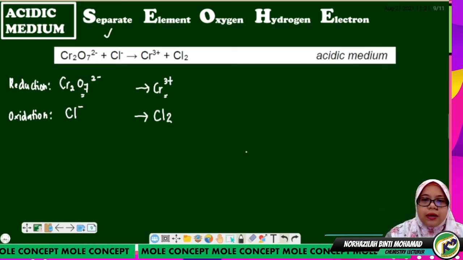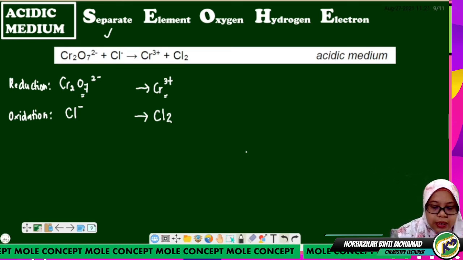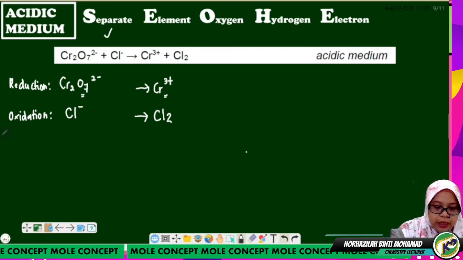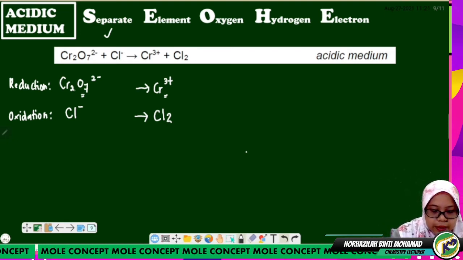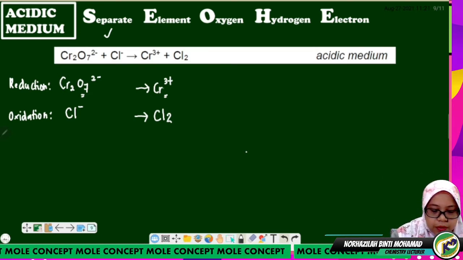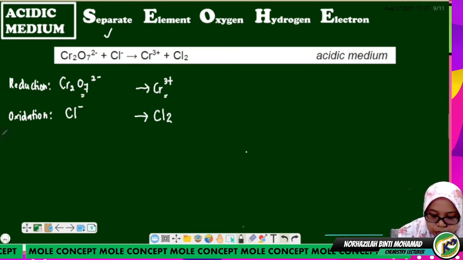Then we balance the elements other than oxygen and hydrogen. In this case for Cr2O7, the element is Cr. On the reactant side I have 2 Cr, but on the product side I have 1 Cr, so I need to multiply it by 2.